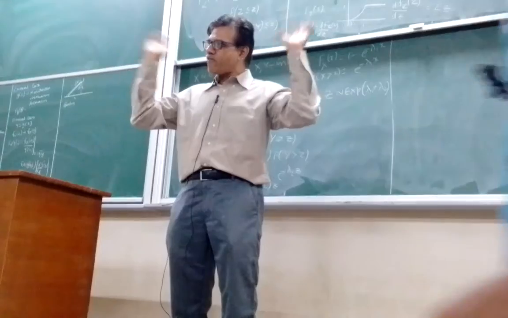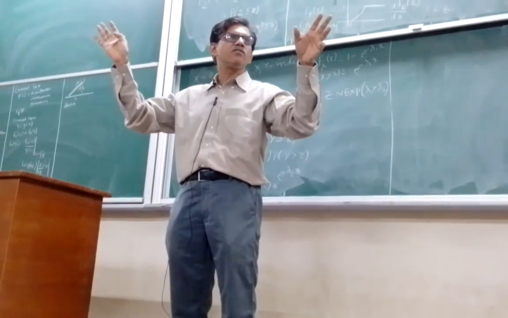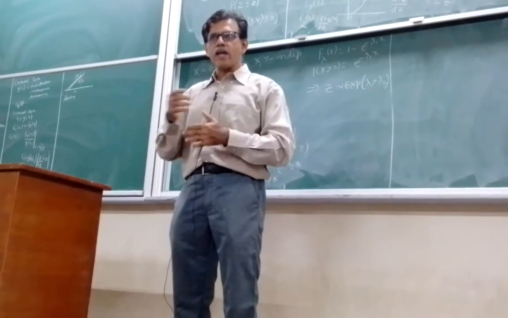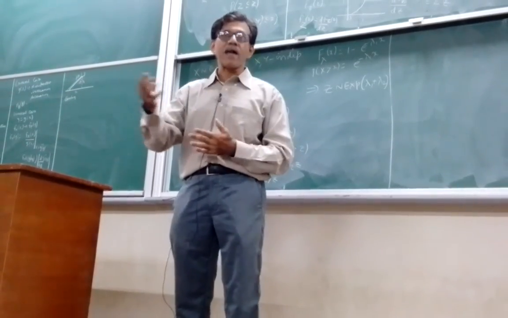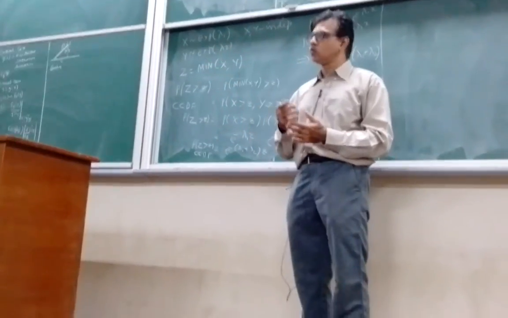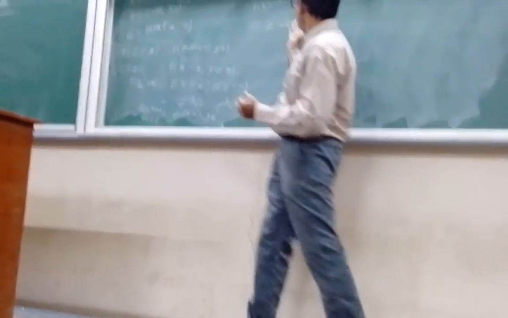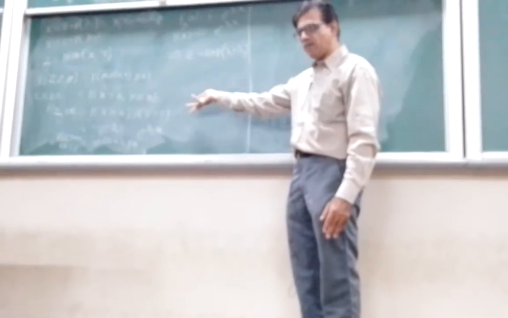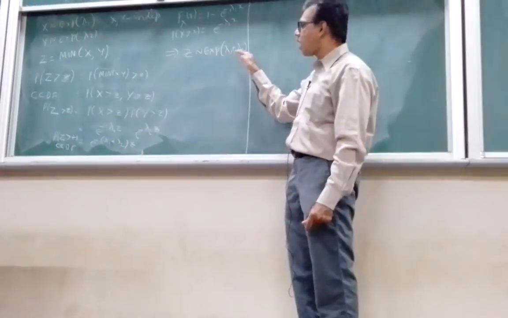Even if one of the engines fails, the aircraft fails. Then you are looking at the lifetime of the aircraft, which is the minimum of the lifetimes of the two engines. Then the parameter will be the sum of these two, which means that it is likely to fail earlier. You can see how it will be.